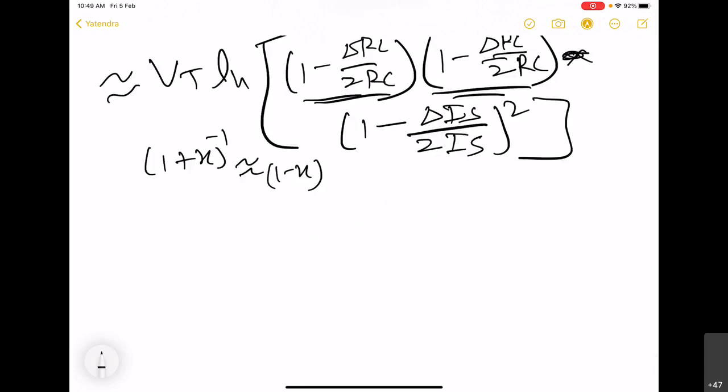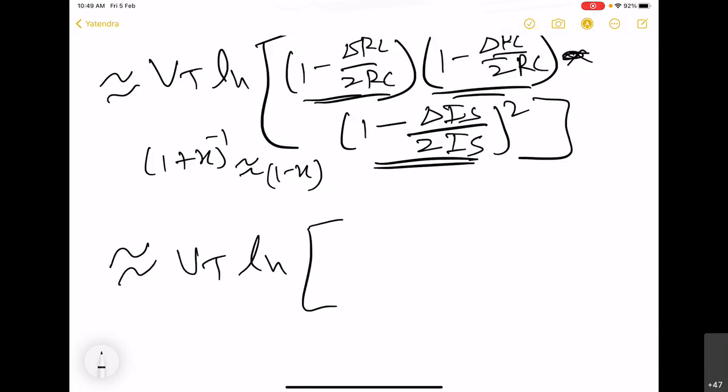So now we can expand these and neglect the second order term in delta. So we are going to get the second approximation, that is VT ln (1 minus delta RC by 2 RC).